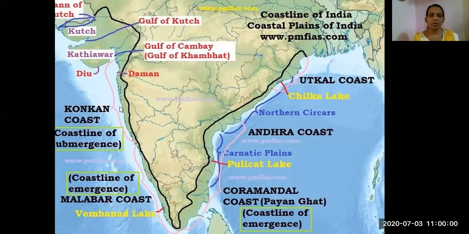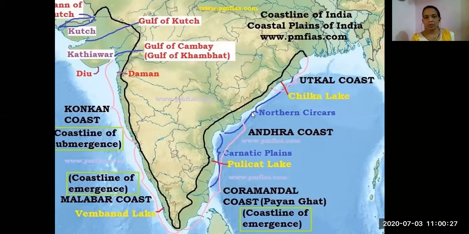The northern coastal plain is called Konkan. In Maharashtra, it is called Konkan, so you are very familiar with this term. Then in Karnataka, the central part, this is called Kannada. And to the south, this is called the Malabar coast. This is enough about the western coastal plain. Understand? Now we'll turn toward the eastern coastal plain.